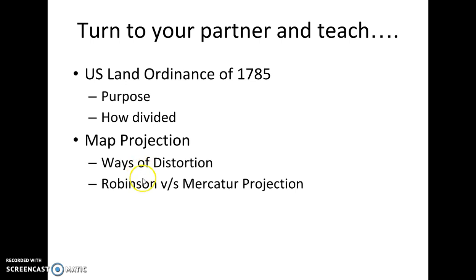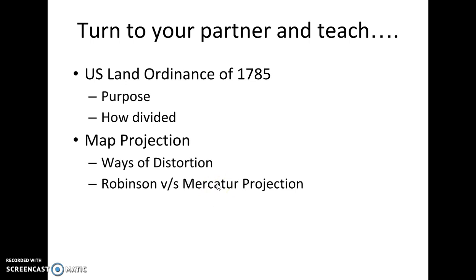The 2 most common projections you will see are the Robinson projection, which is the one we've been looking at in class. This is the one that represents the continents as still spherical. The Robinson is the least distorted of all the projections. And then the Mercator, which is used mostly for navigation.